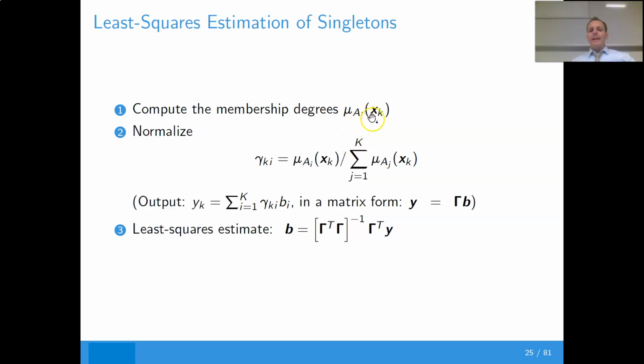Once we have computed the membership degrees mu Ai, depending on the input variable xk, we can normalize this parameter, which is represented by gamma ki. So i depends on the number of fuzzy sets or fuzzy rules, and it is the single membership function divided by the total of the membership functions.